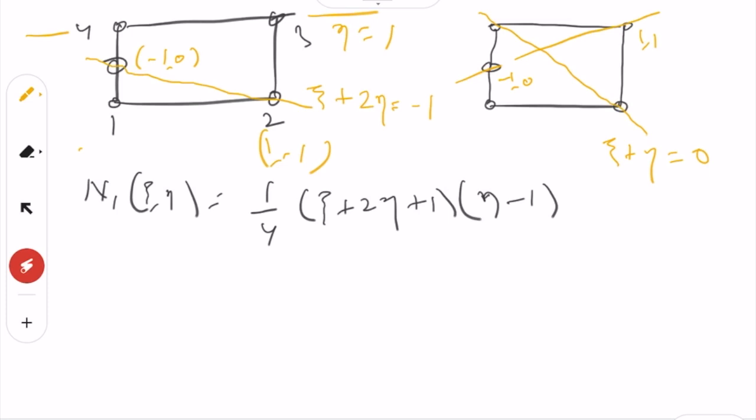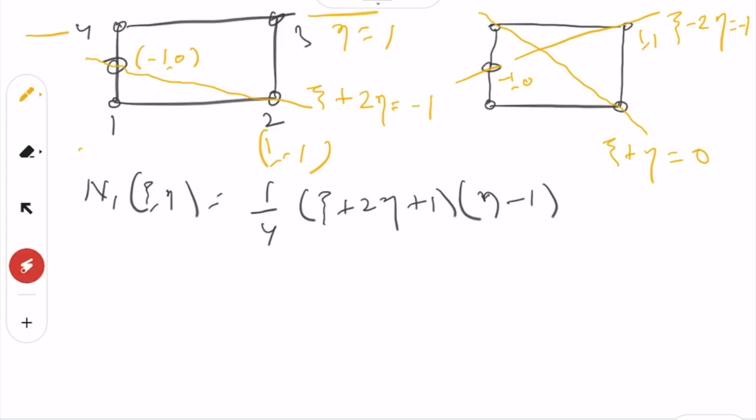So in this case, it will be xi minus 2 eta equal to minus 1, maybe something like this.